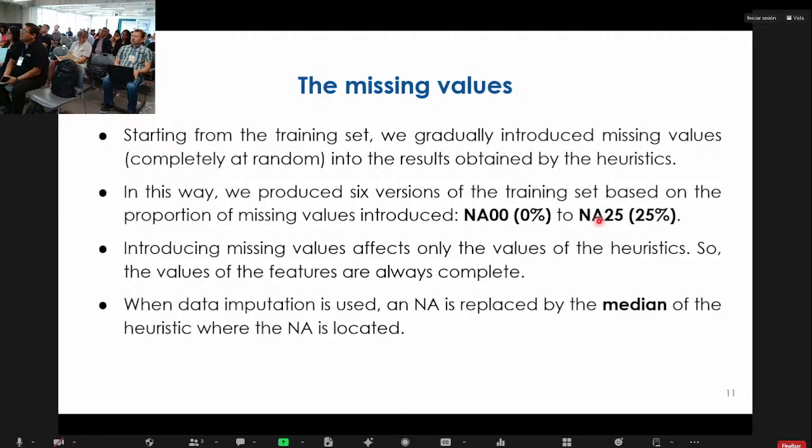The percentages are 0, 5, 10, 15, 20, and 25. These missing values will only affect the heuristics, not the features. In one scenario we use data imputation, where the NA will be replaced by the median.